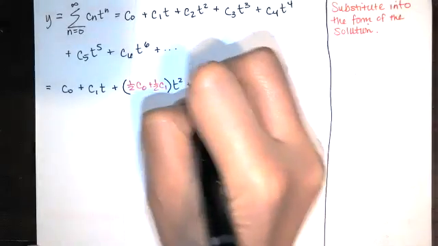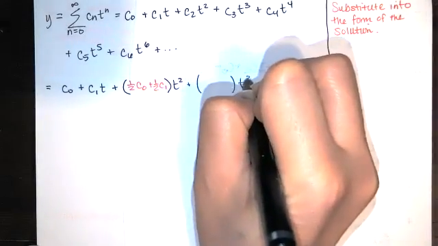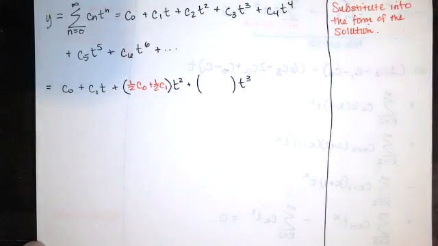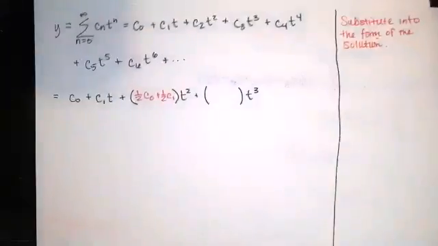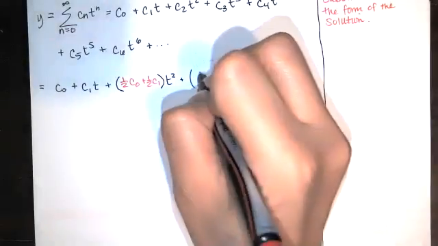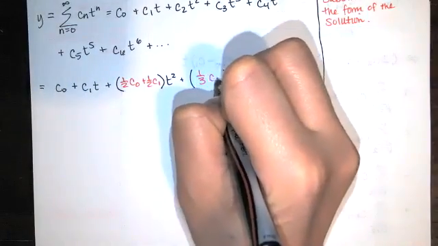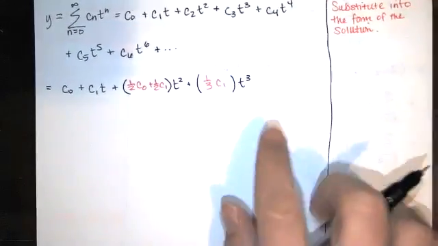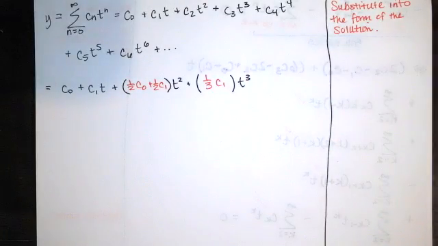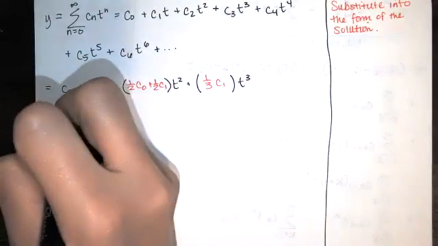And then I want to substitute in for C sub 3, which was 1/3 C sub 1. And that gets multiplied by t to the third. And then we want c sub 4 times t to the fourth.